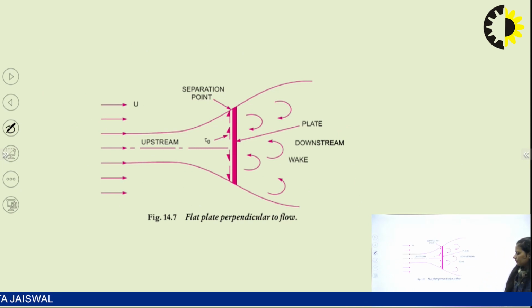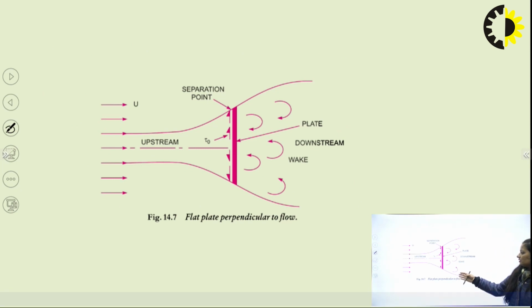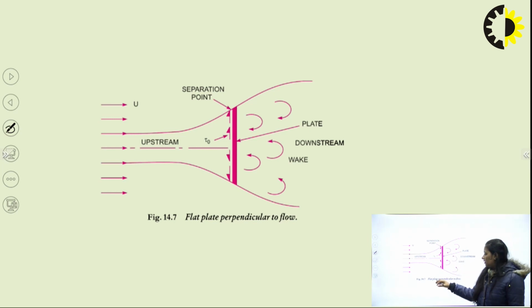Now here is a figure of a flat plate perpendicular to the flow. When the flat plate is placed perpendicular to the direction of flow, what will happen? You can see how the streamlines of the flow are moving in this direction.